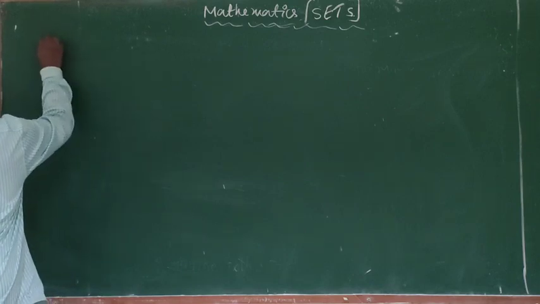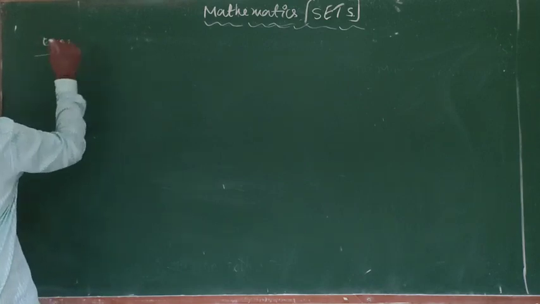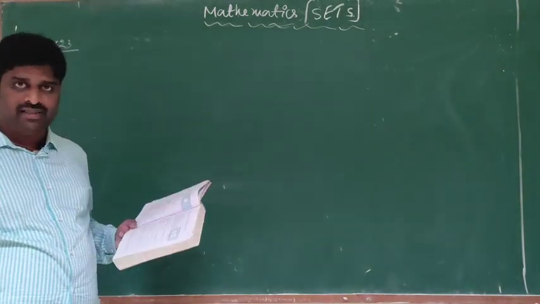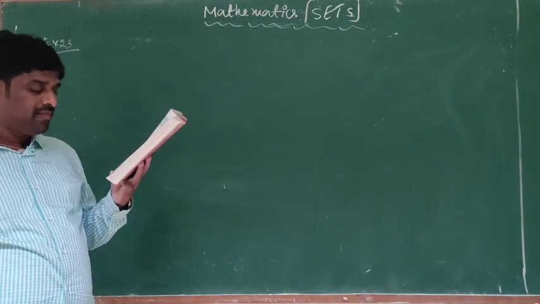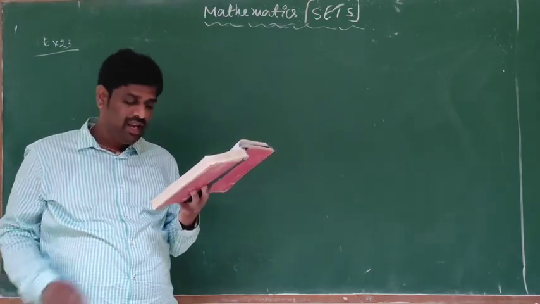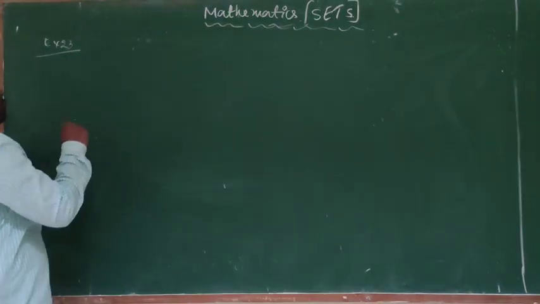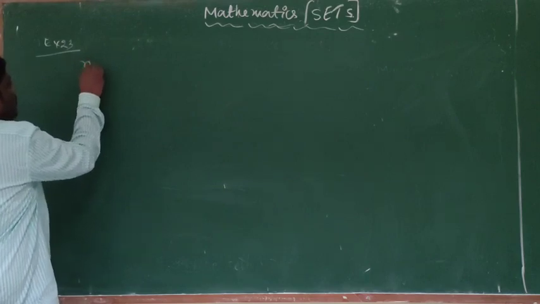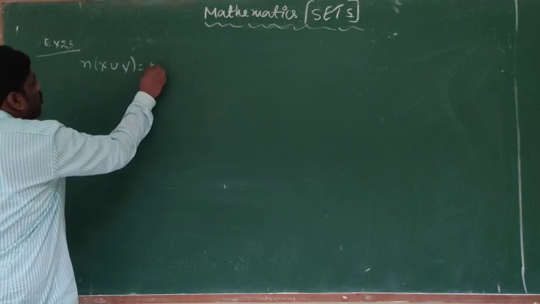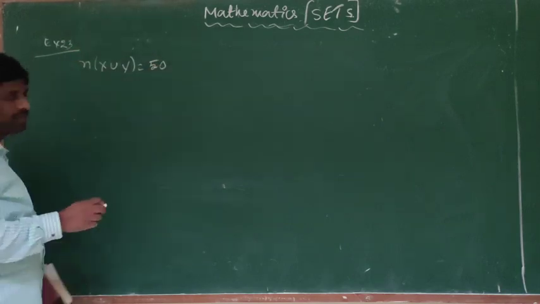Example 23. If X and Y are two sets such that X union Y has 50 elements, that means n of X union Y is equal to 50.